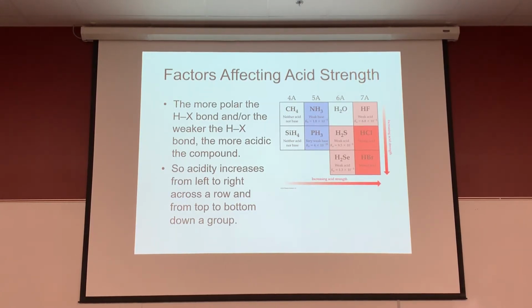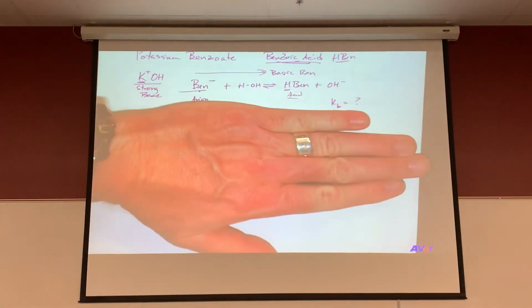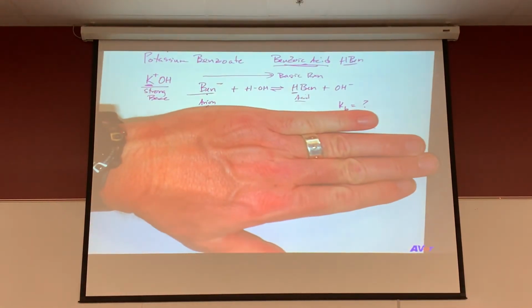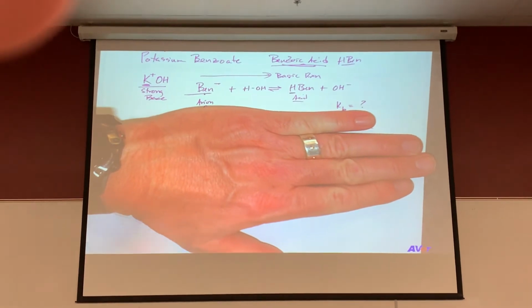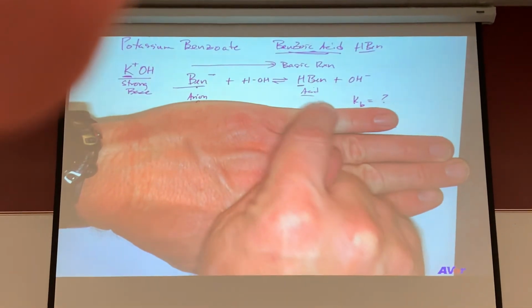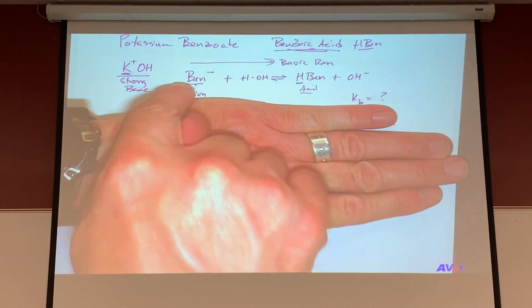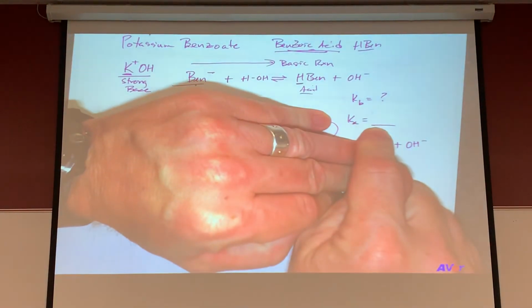Can we see an equation for number 6? For number 6. Yeah, so what would the solution consist of? If you were looking at a solution made up of benzoate ion and the acid, benzoic acid, the question about whether it's a stronger acid or a stronger base is answered by the values for Ka and Kb.